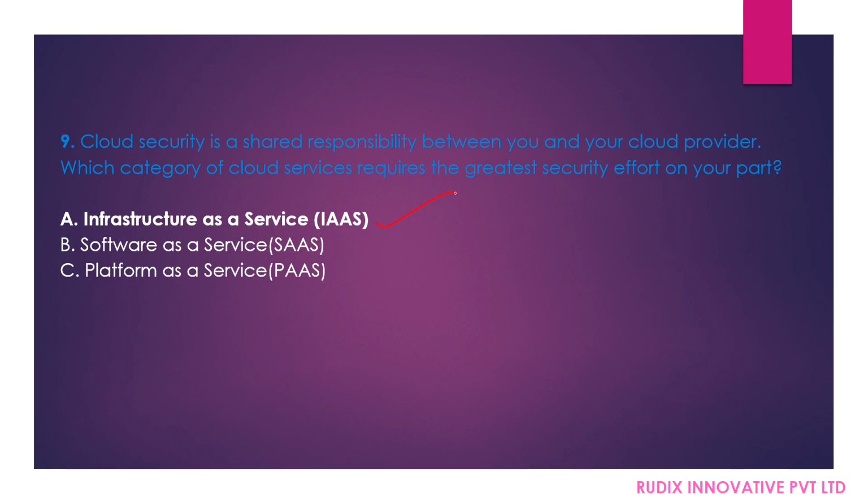With software as a service, security responsibility is further reduced, typically focusing on user access management, data protection, and compliance with security policies. Therefore, infrastructure as a service requires the greatest security effort on your part because you have more control and responsibility over the security of the environment and resources you deploy within the cloud infrastructure.